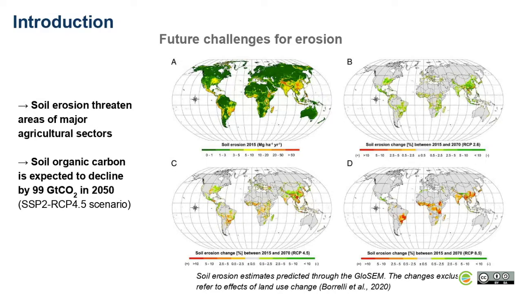For the three other maps, using the Global System for Erosion Modeling and three different RCP values, we are expecting a higher percentage of soil erosion change between 2015 and 2070.